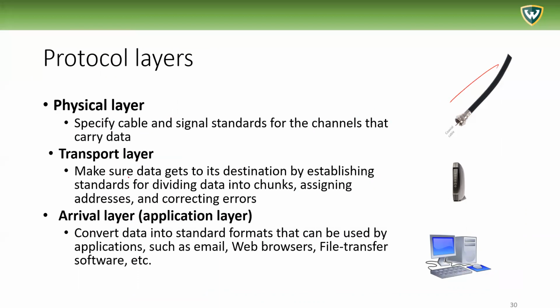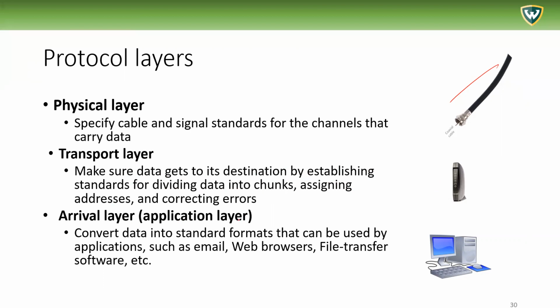There's a transport layer which makes sure the data gets to its destination by establishing standards for dividing data into chunks, as we're going to be talking about, assigning addresses and correcting errors on the data. Some of this, I'm not really sure if it's correct to say that this is happening at the modem level, but perhaps this is a way to understand it.